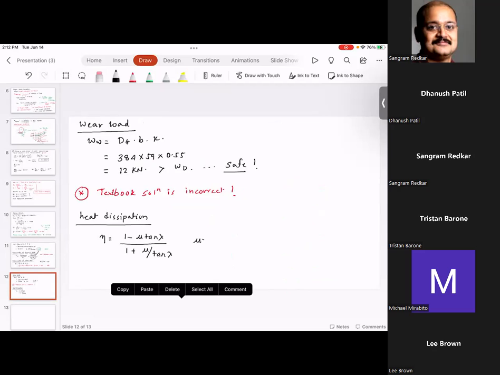You can assume mu to be 0.01 and find out the efficiency, and then you can find out the power loss as heat, which is equal to 1 minus efficiency multiplied by power transmitted.